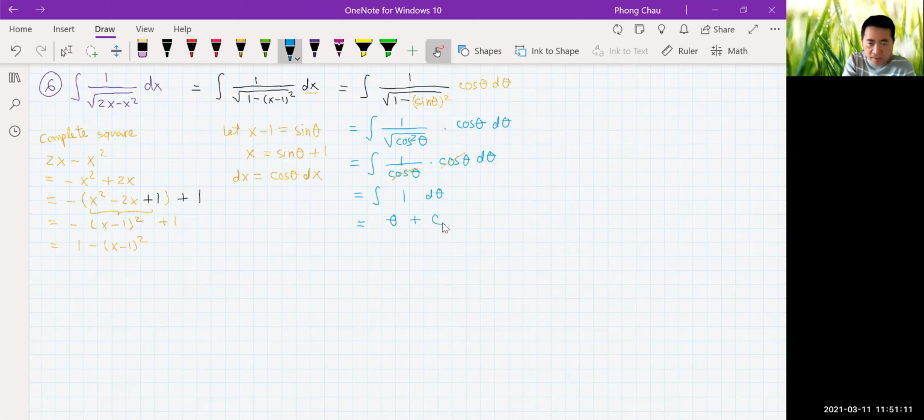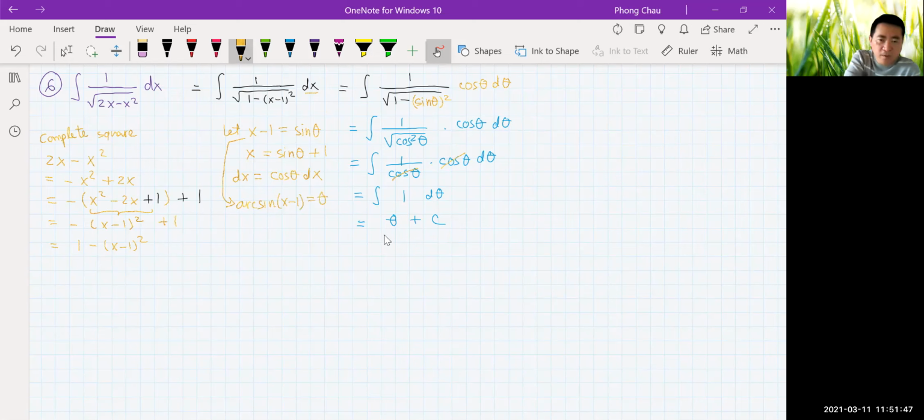Theta plus c. Now, how do you convert back from theta to x? And again, don't forget that these are the relationships that we have, right? x minus 1 is sine theta. So if you take the inverse sine, solve for theta, then we have the inverse sine of x minus 1 is theta, or the arcsine of x minus 1 is theta.